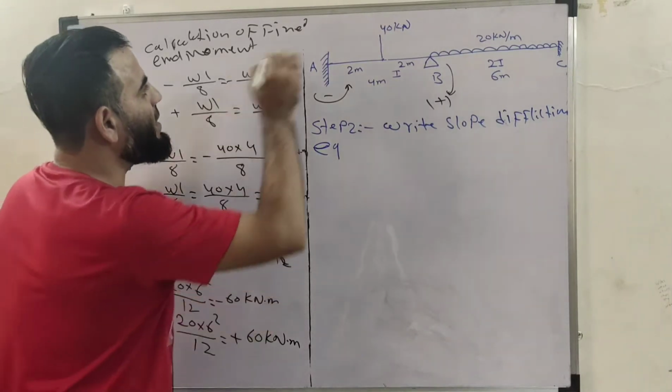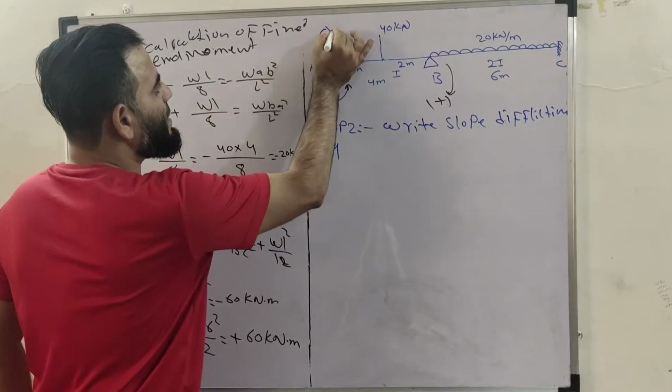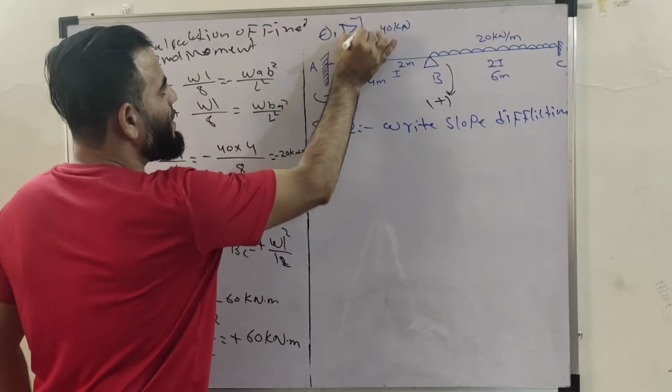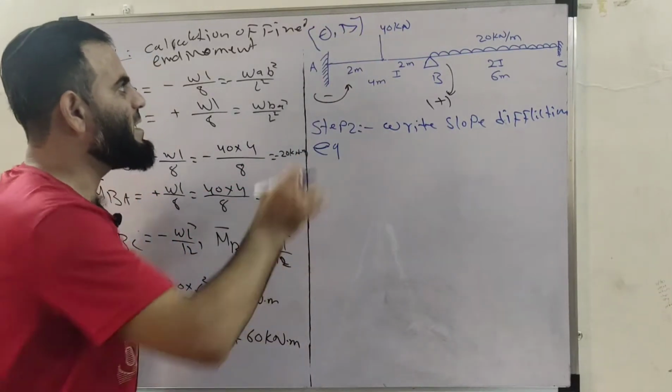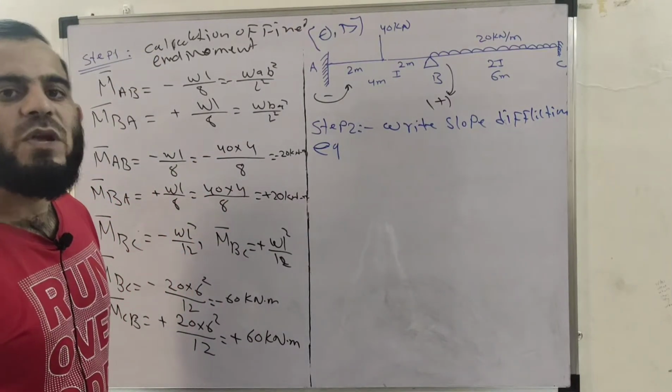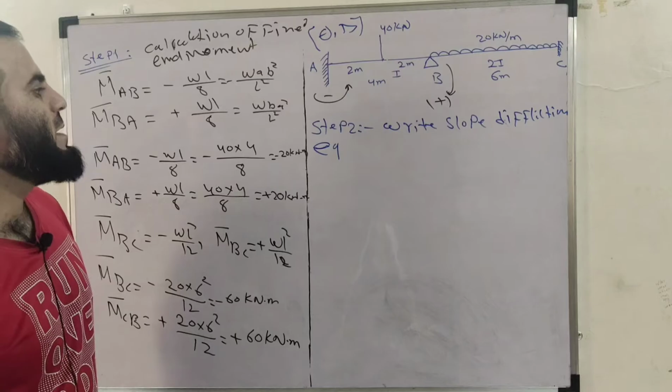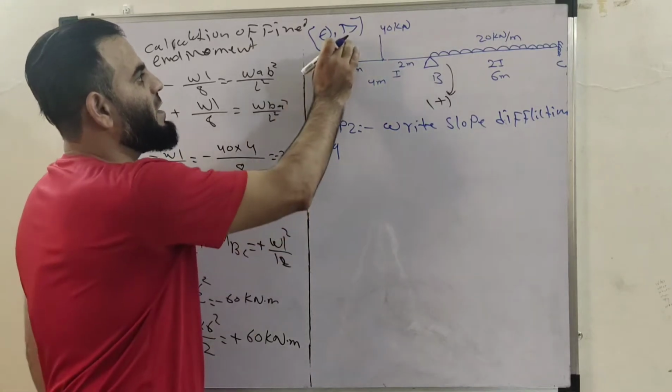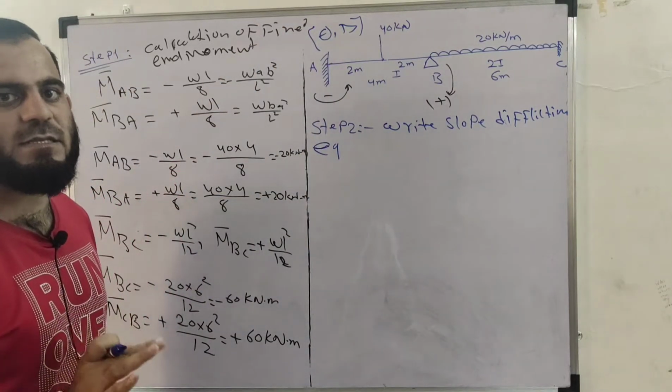Displacement is nothing but theta and delta. One is the deflection, and the other is the rotation or slope. We have these two types of unknowns.